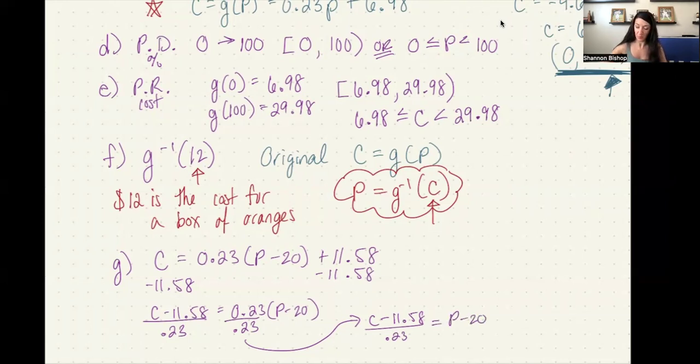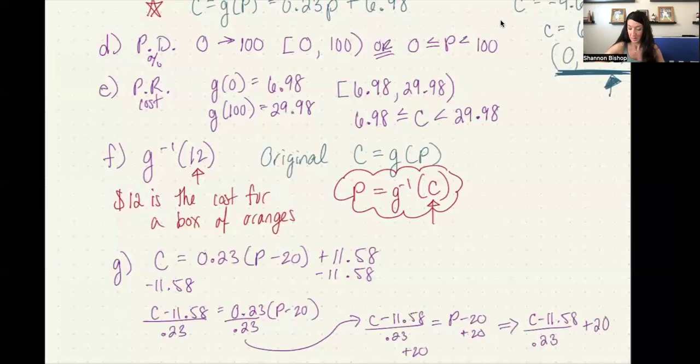So the very last step would be to add 20 to both sides. And again, we're just representing this algebraically. So you just have this giant expression, C minus 11.58 all over 0.23 plus 20 equals P. And that right there is the inverse formula.